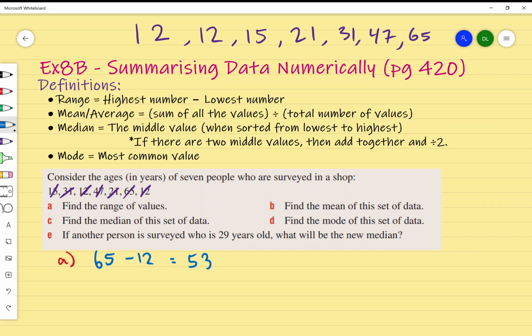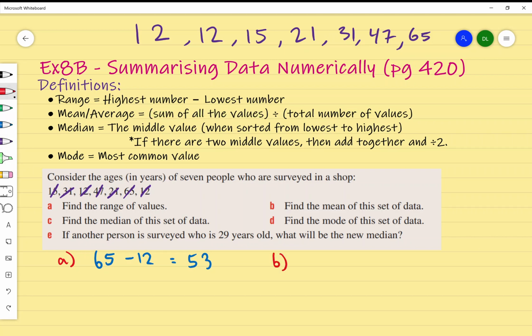Awesome. The next one we're looking at is the mean or the average. Now we've done this before, especially in the itemized project, but it's the sum of all values divided by the total number of values. So you add the values up and you divide it by how many there are. I'm going to do that over here in this example.